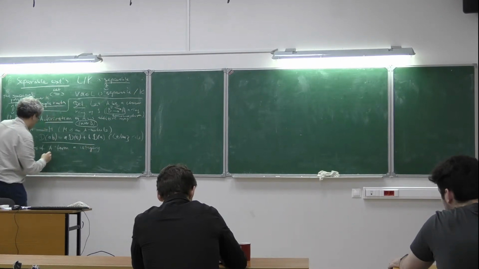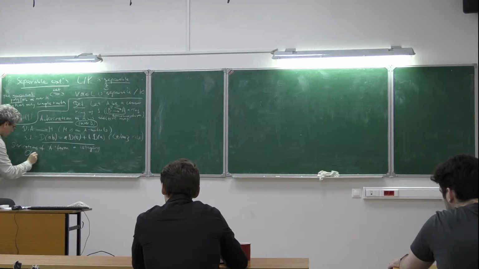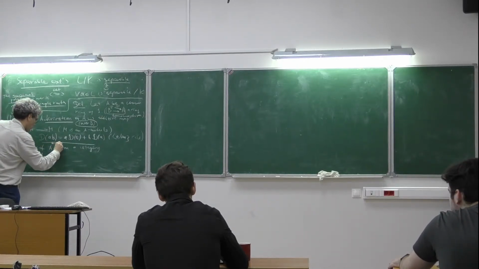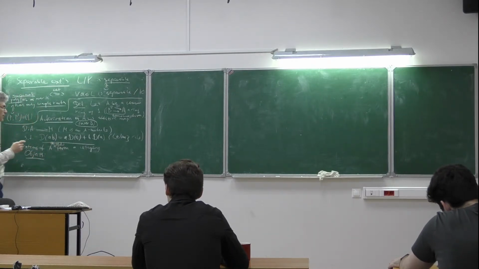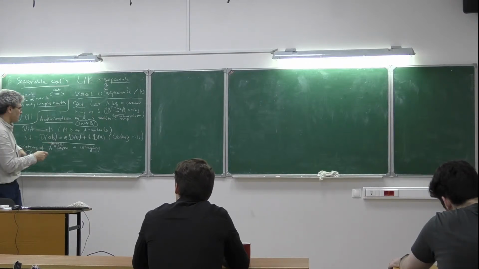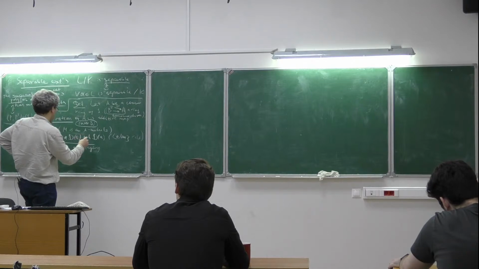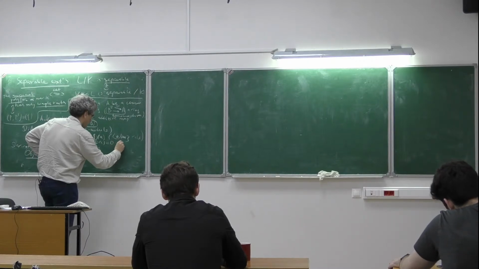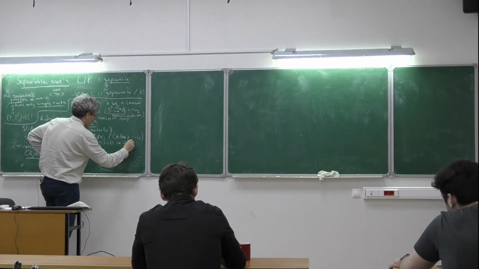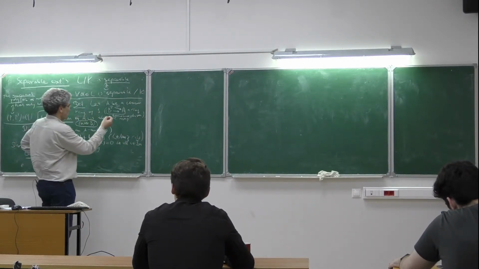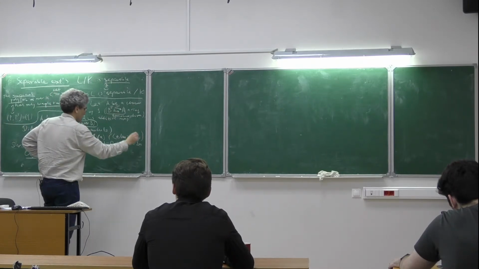The objects are derivations of A over B. I'm sorry, I didn't say what it means to be over B. If we say over B, then we want that D of C is 0 for all C in the image of, let's call it, psi.